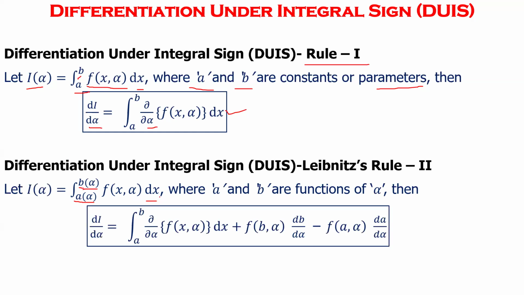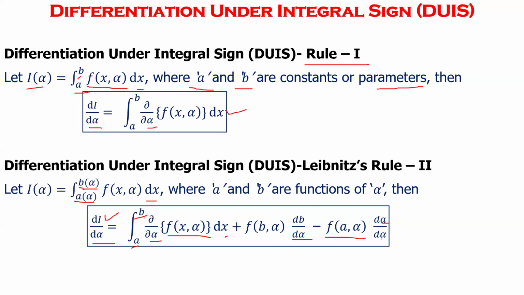Then the derivative of I with respect to alpha is equal to the integration of the derivative of f of x, alpha with respect to alpha under the limit a to b with respect to x, plus f of b, alpha into the derivative of b, the upper limit, with respect to alpha, minus the functional value of the given function at the lower limit, f of a, alpha into the derivative of the lower limit a with respect to alpha.